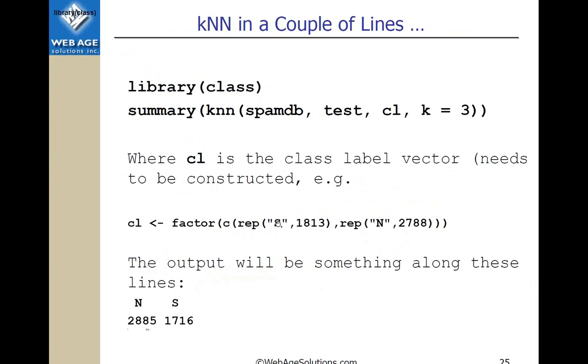So essentially, we replicate S so many times and N so many times. So essentially, when we perform this, there's a source, this is a test data set that we want to compare, and the system would produce something like this. It's a very generic one, and you'll have to do certain things beyond that. But the point is that the whole thing is just a one-liner. I would say two-liners, probably.